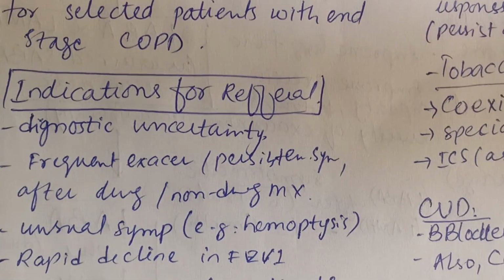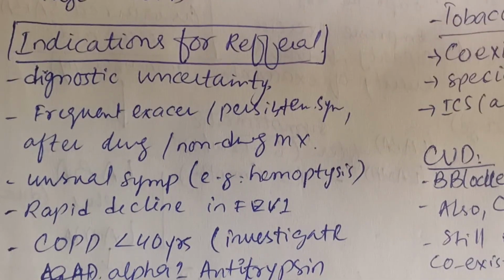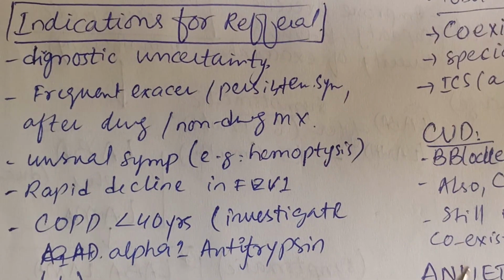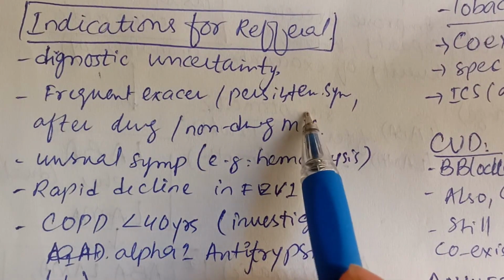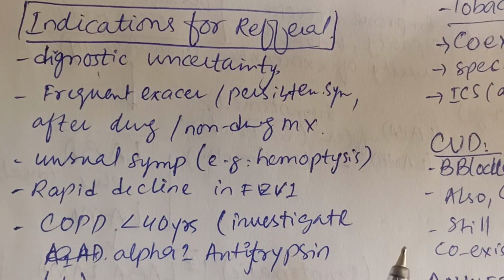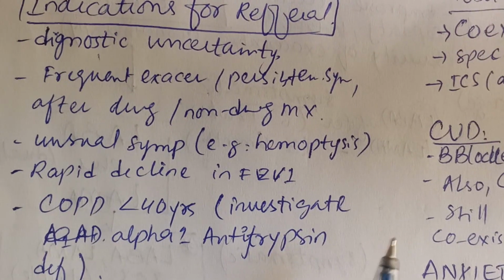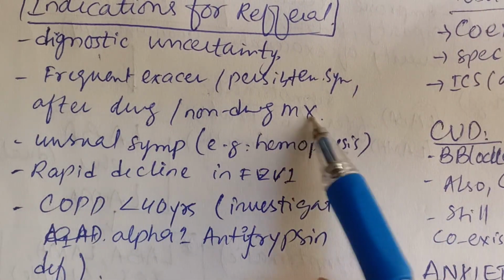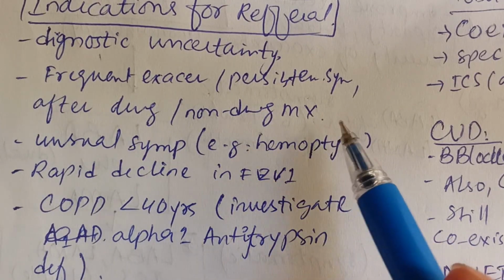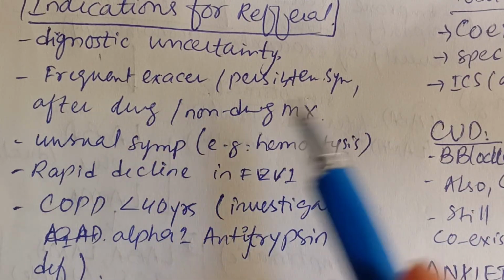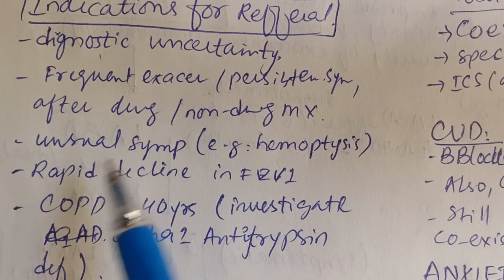When are we going to refer the patient of COPD to the pulmonary specialist? If the diagnosis is uncertain, there are frequent exacerbations and persistent symptoms despite the drug and non-drug therapy. Especially if pulmonary rehabilitation has also been done along with all of this management, and the patient has not responded and has persistent symptoms.